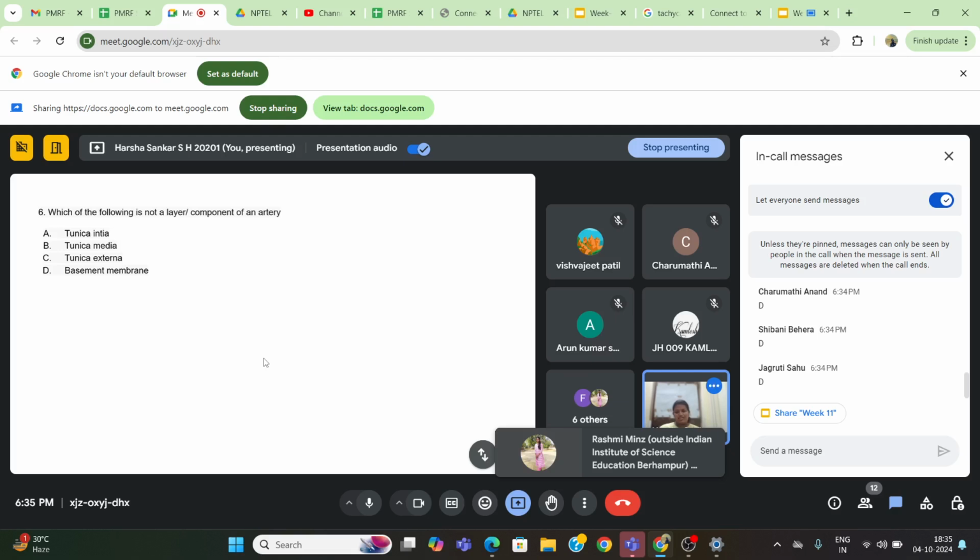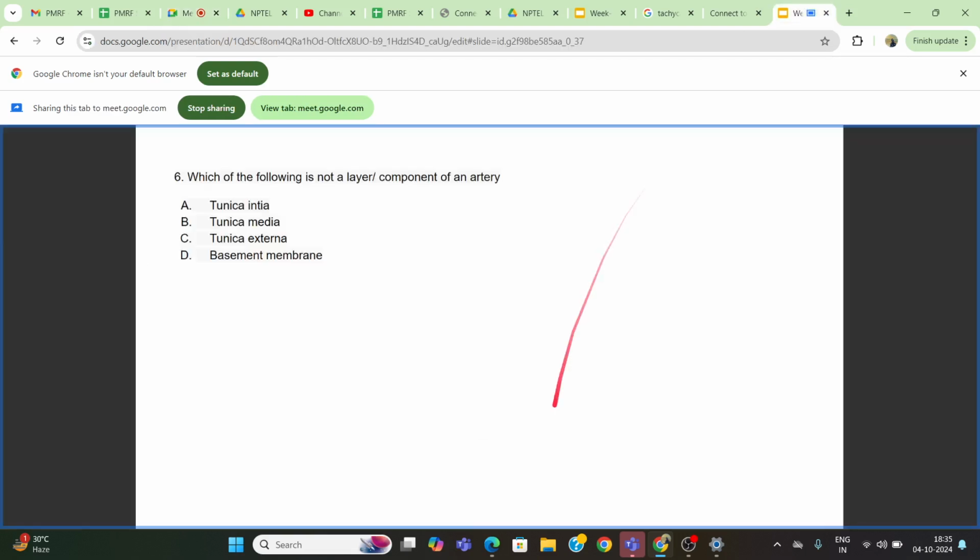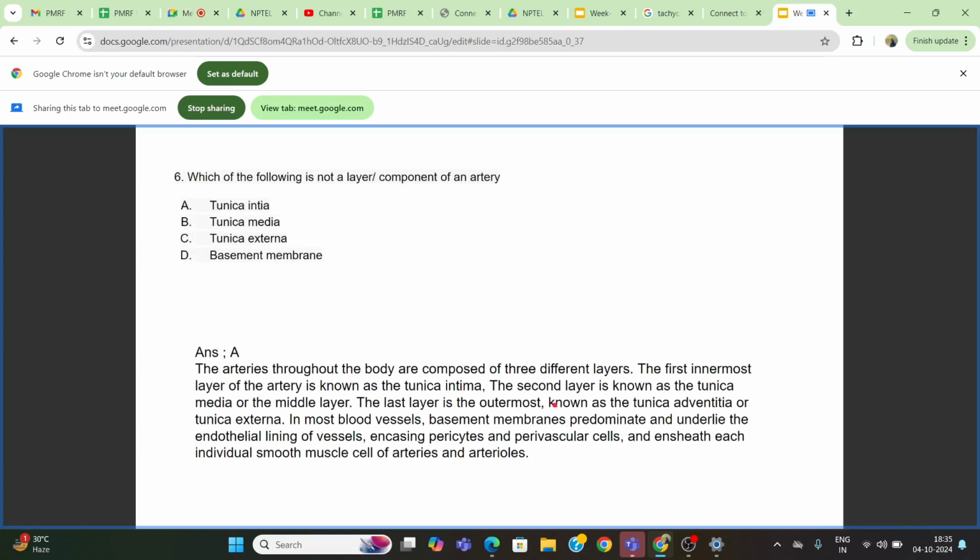Let's see. The correct answer is A, which is not the part, because the artery has different layers. The first layer is known as tunica intima. The spelling is INTIMA, not INTIA. They have just removed one M and we fall directly into the trap. So be careful with the spelling of the text.